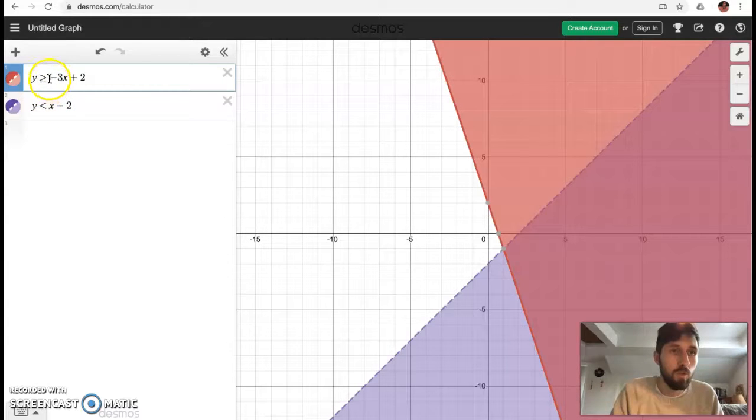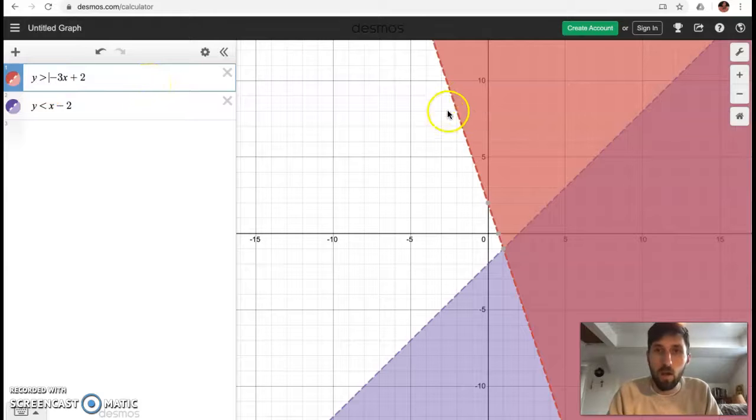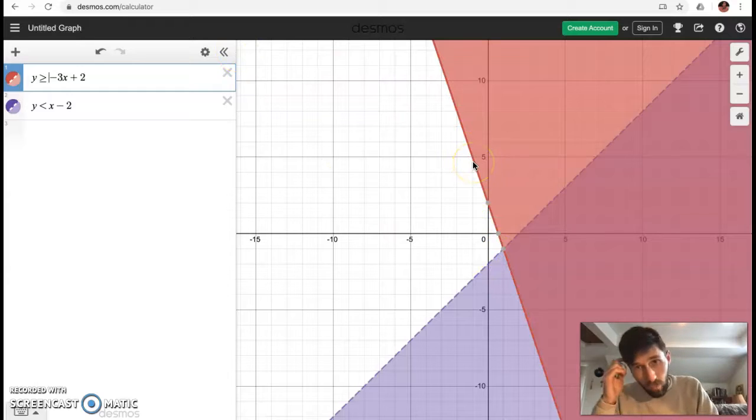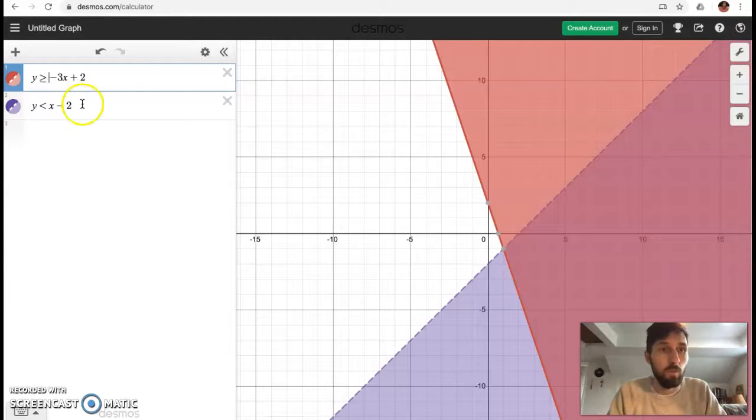So if I was to redo this one and put it as greater than, you can see how it's also a dotted line. So one of the things you have to pay attention to is whether or not something's equal to. If something's equal to, we have a solid line. It's kind of like how in regular inequalities, you have the filled-in circle for when things are equal, and you leave the circle open when they're not. So that's one thing we need to pay attention to.